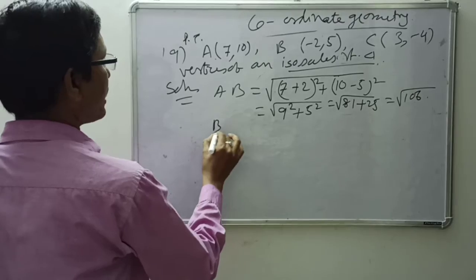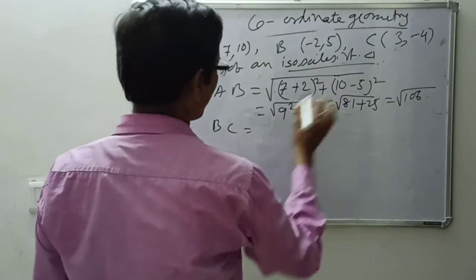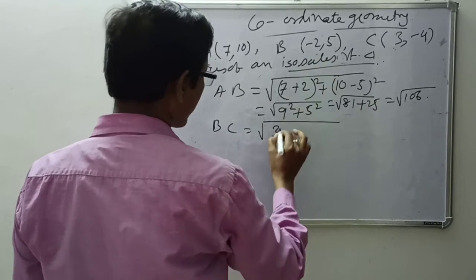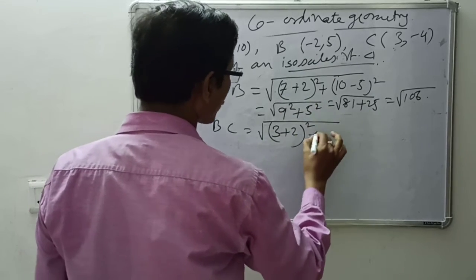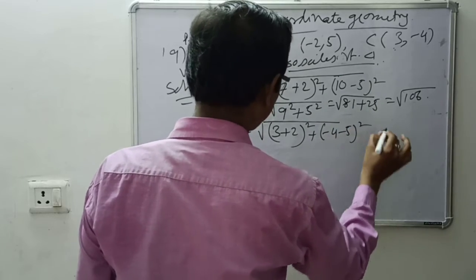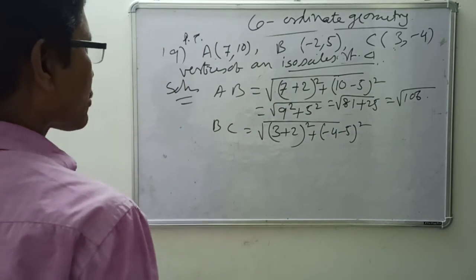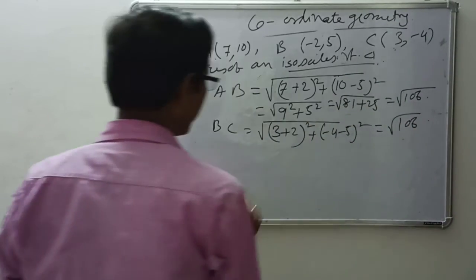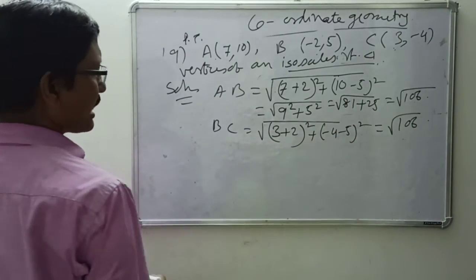Okay. Now BC, these two. इसको यदि x2 ले 3 minus plus 2, x2 minus x1 whole square plus y2 minus 5 square. So it is coming 5 square plus 9 square. It is also root under 106 ultimately. देखो 25 and 81.